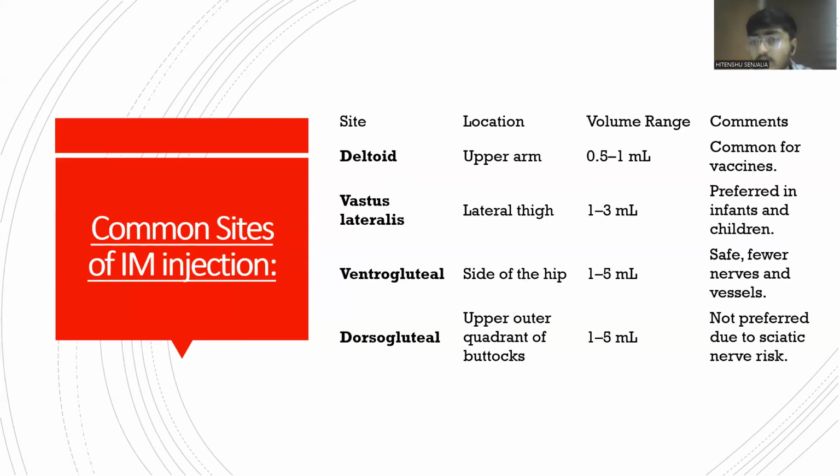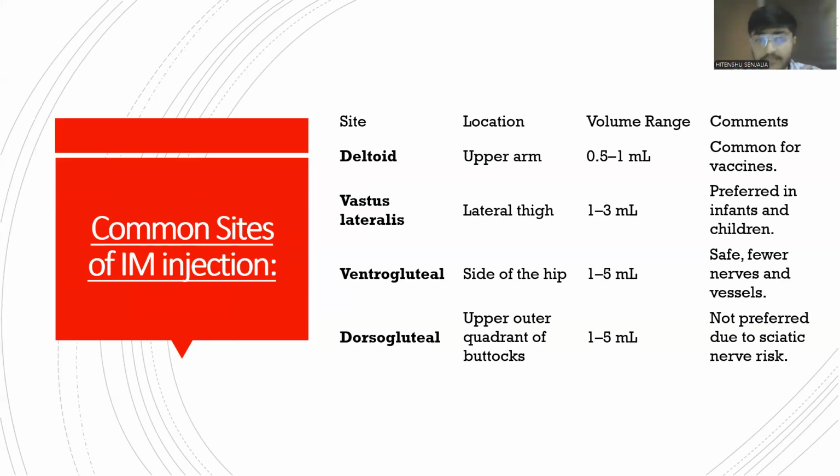Now, the common sites of intramuscular injection are the deltoid, vastus lateralis, ventrogluteal, and dorsogluteal. The location of the deltoid is the upper arm. The volume range is 0.5 to 1 ml. It is common for vaccines; for vaccines, we give at the deltoid area.